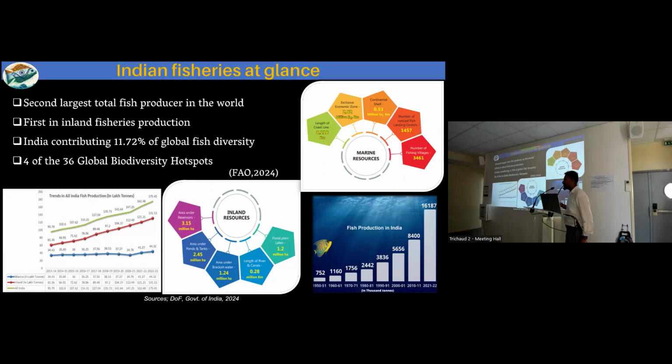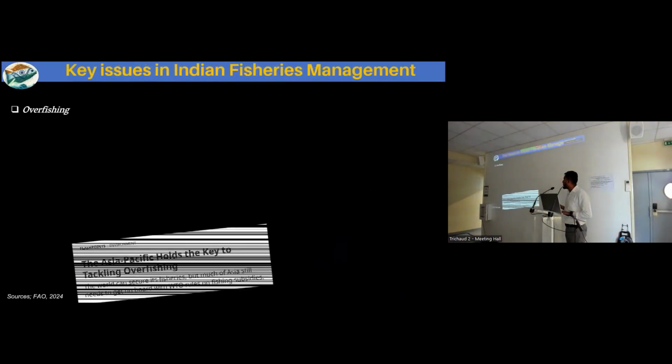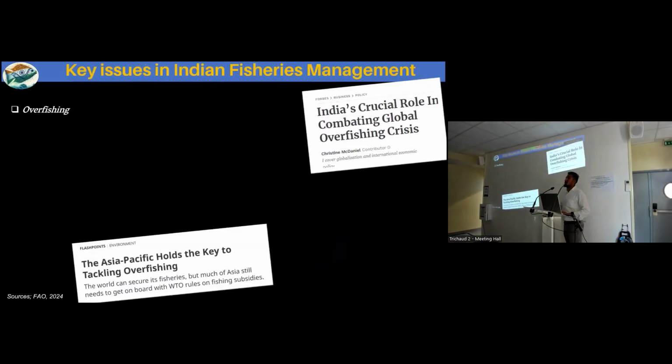It sounds good, but marine production is continuously stagnant. Why is that, when one side is progressing and the other is stagnant? There are multiple reasons behind this stagnation of marine production, and it's not all about India.